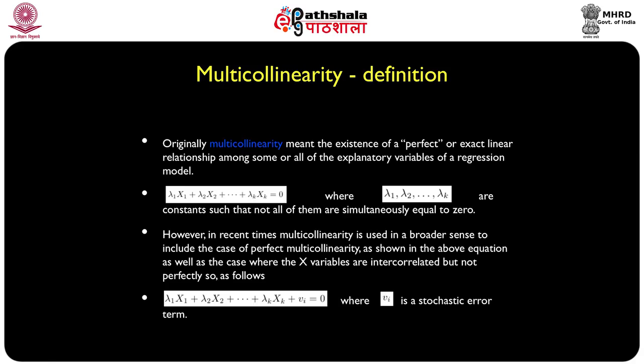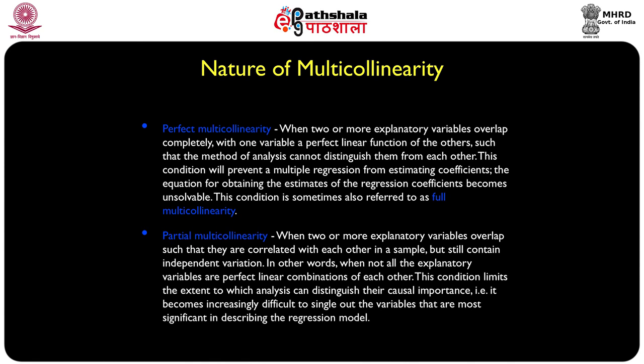Thus, the linear combination can be written as lambda 1 x1 plus lambda 2 x2 plus ... lambda k xk plus vi equals 0. Now, looking at the definitions of the nature of multicollinearity present in a dataset, we can either have perfect multicollinearity or partial multicollinearity. Let us look at both the cases in detail.